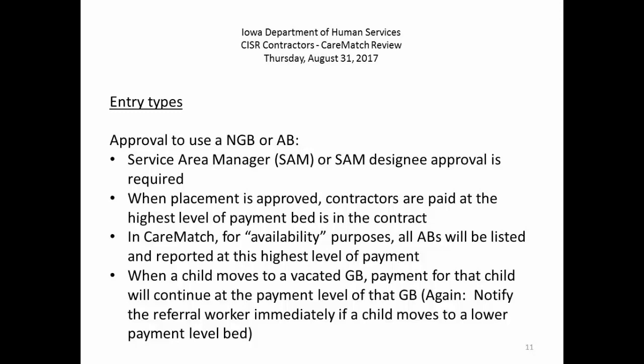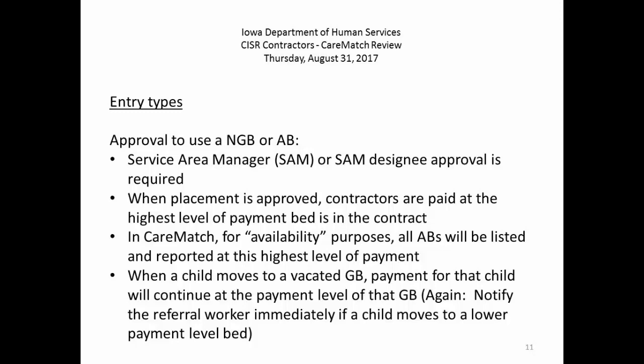One thing you've probably noticed in the last few weeks is that to show availability in CareMatch, all the additional beds at a contractor are shown at the highest level of payment. So again, if you're logged on to CareMatch right now, and if you're able to get to this screen, you would look in there and you would see, for example, somebody who has 3 different levels of guaranteed beds in their contract. D1 would show the number of guaranteed and the number occupied.